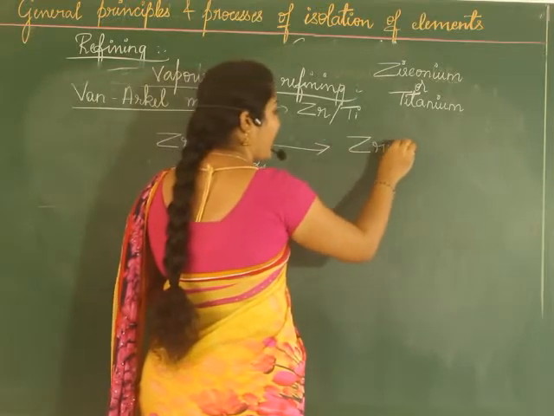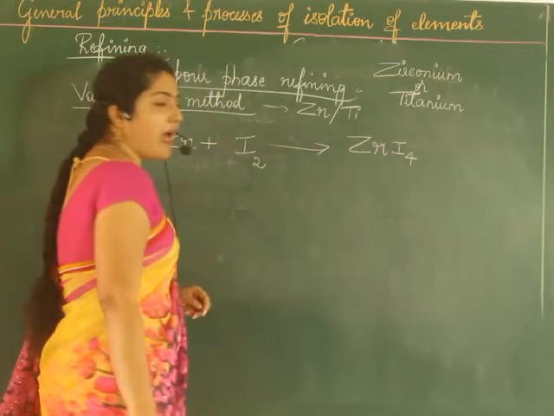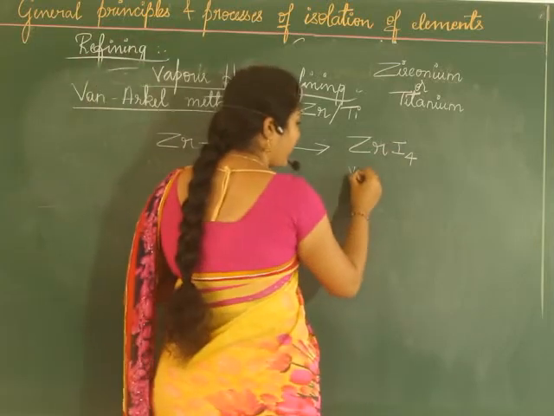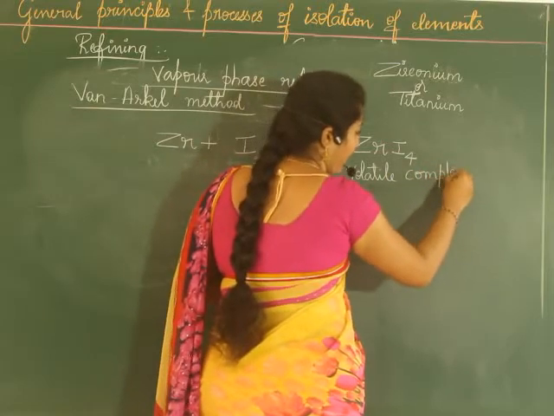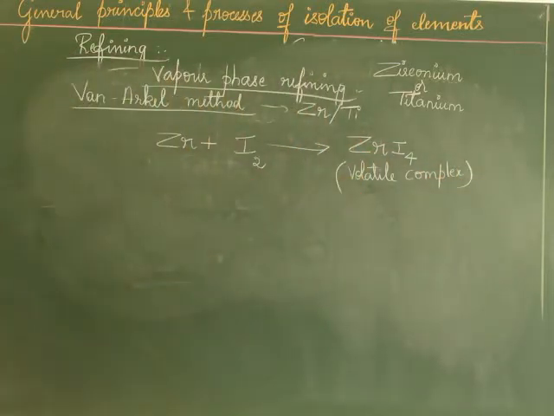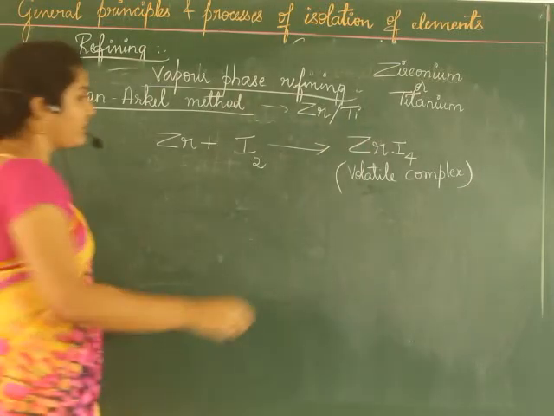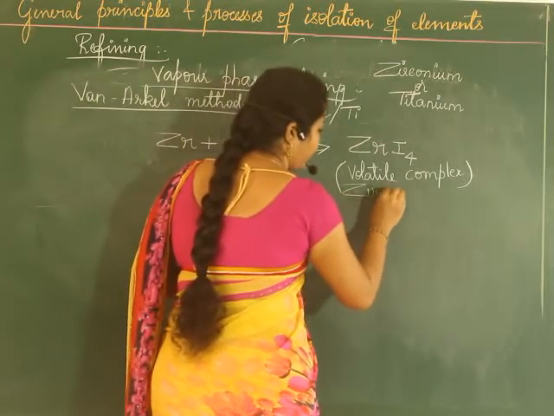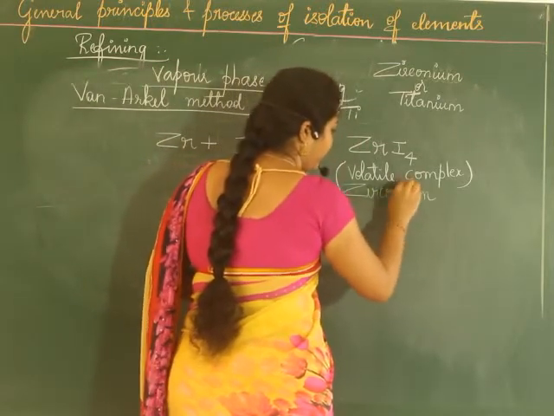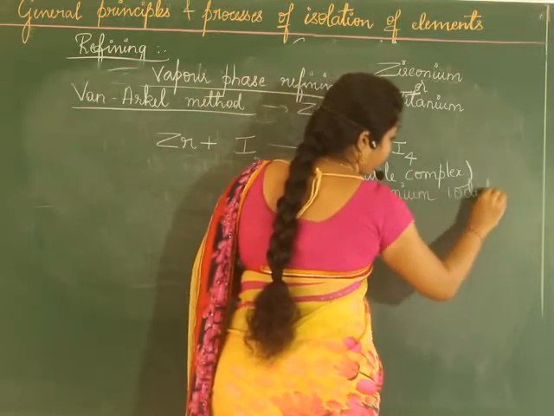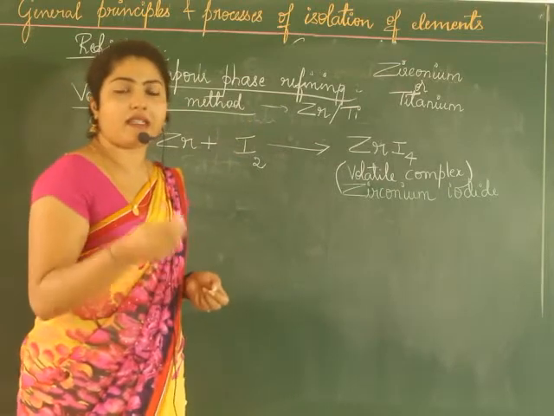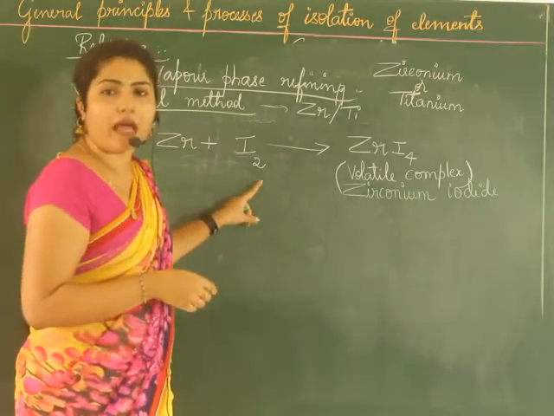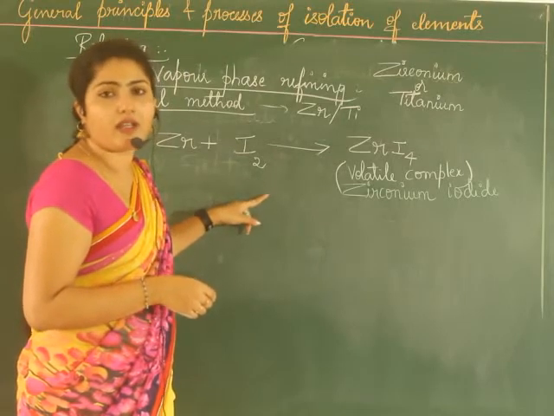It forms a volatile complex, and the name of the complex is zirconium iodide. So in the first step, zirconium is heated with iodine vapors in an evacuated vessel.